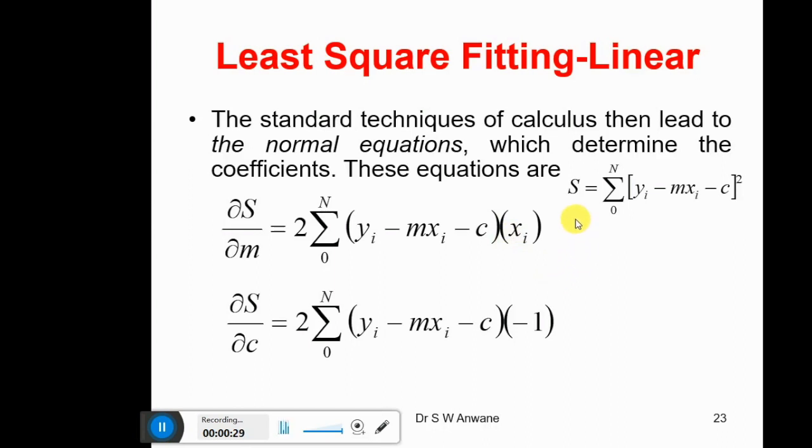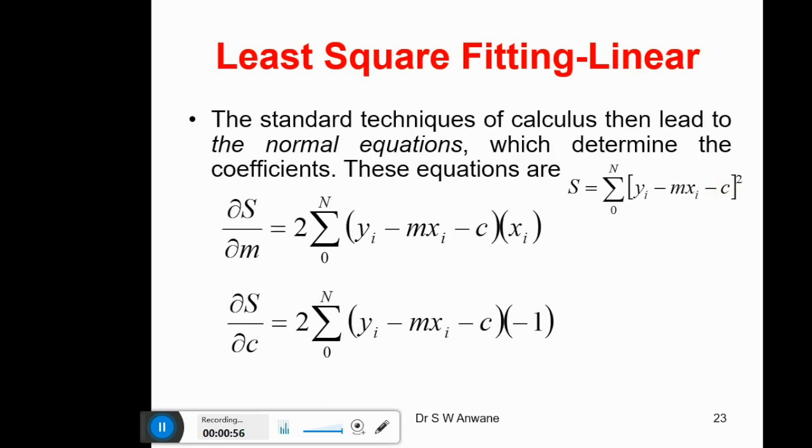The second derivative we are finding is of S with respect to c, treating all other things constant. So n, I mean 2 into the function to the power 2 minus 1, that is 1, into the derivative of the entire function with respect to c. Here the derivative of c will be 1, and as it is minus c, the derivative will be minus 1.